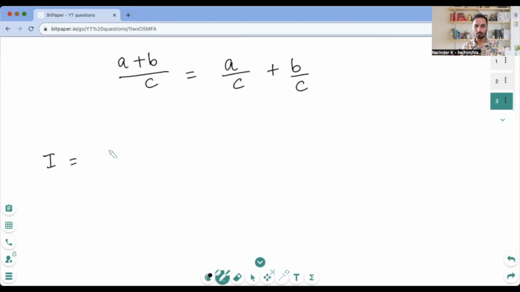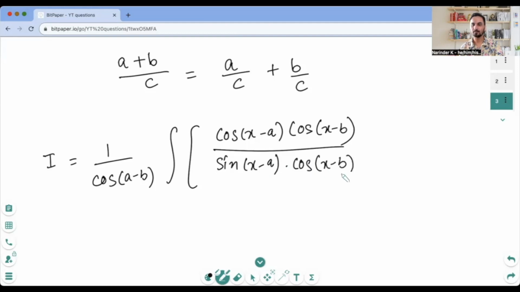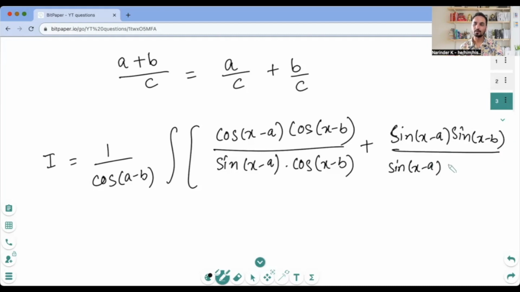So the given integral becomes 1 over cos(a minus b) and the integral of cos(x minus a) times cos(x minus b) over sin(x minus a) times cos(x minus b) plus sin(x minus a) times sin(x minus b) over sin(x minus a) times cos(x minus b) dx.